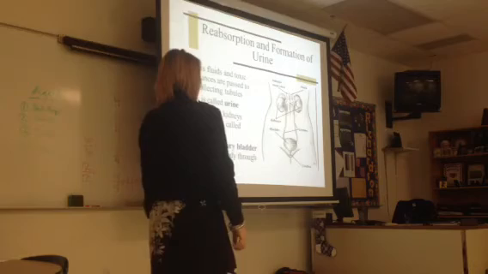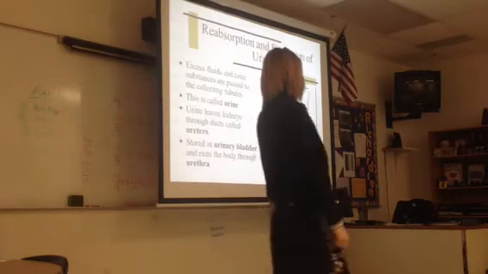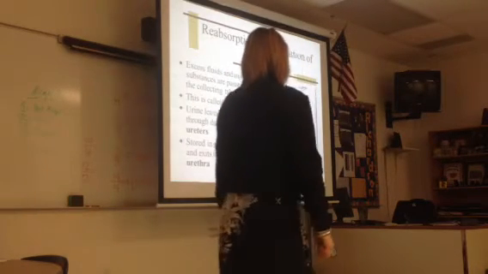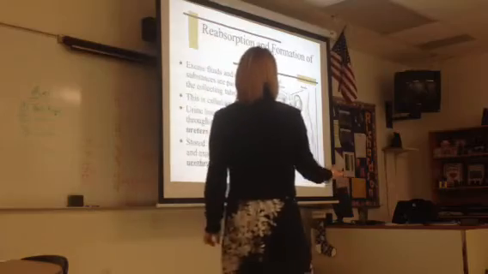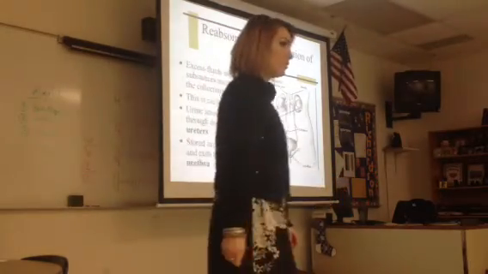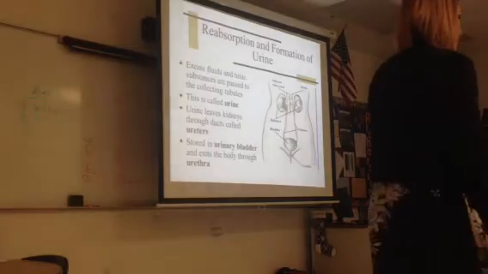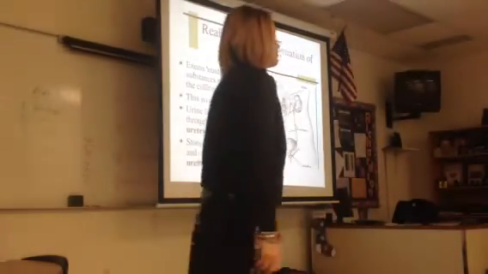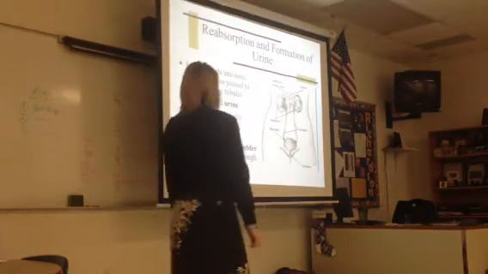Reabsorption continues. Excess fluids and toxic substances are passed to the collecting tubes, which we saw at the bottom of that one tube. This is called urine. So the stuff that we do not want is called urine, or pee.